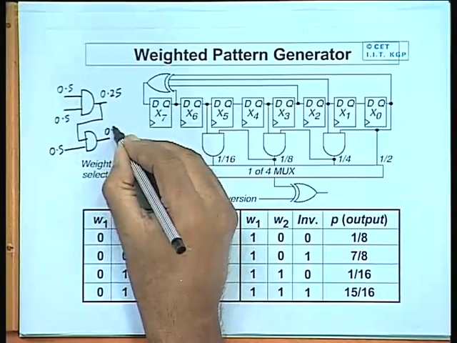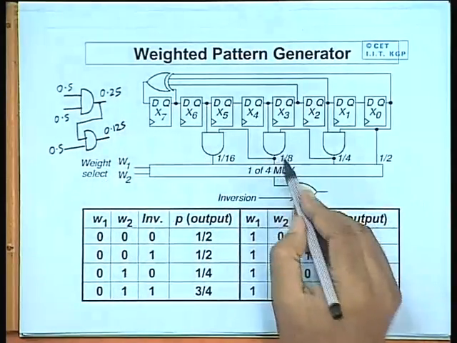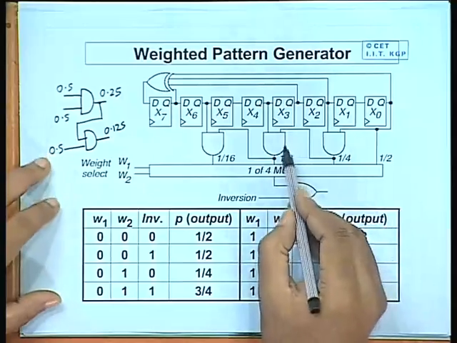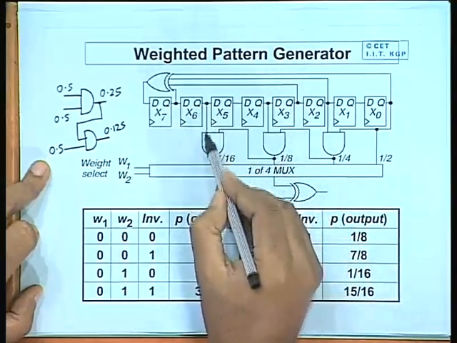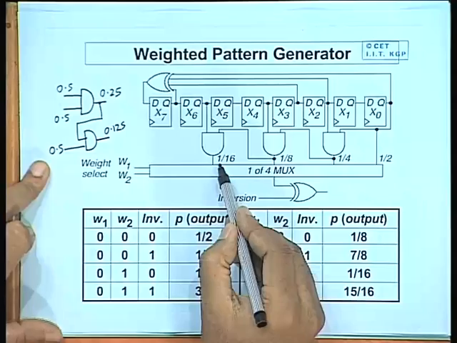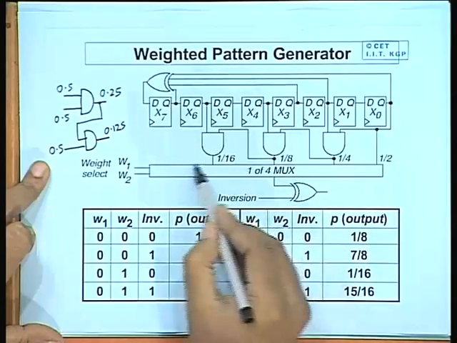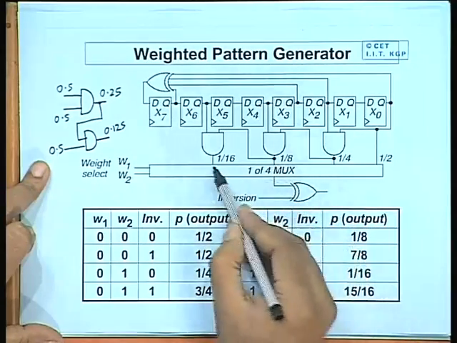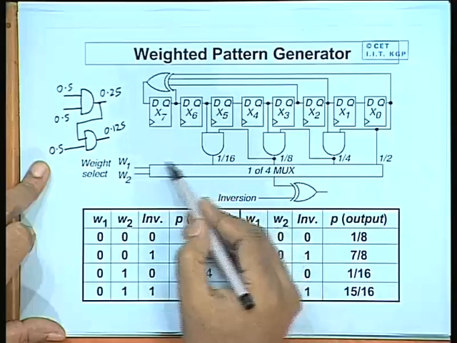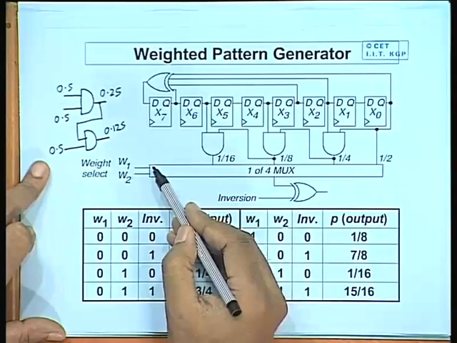So, it will be 0.125, this is 1 by 8. Similarly, 1 by 8 and 0.5, you put another AND gate, you have 1 by 16. So, in this way you can have signal probabilities 1 by 16, 1 by 32, 1 by 64 as you wish.